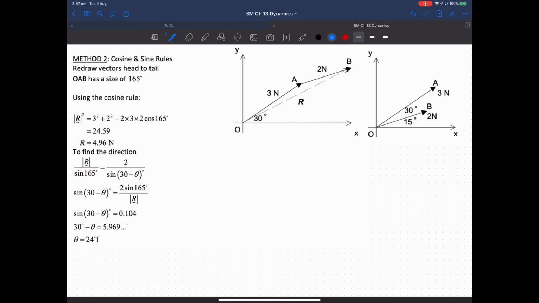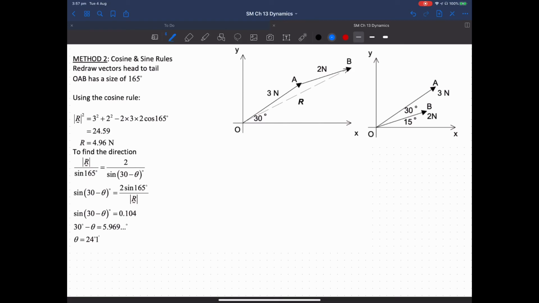Using the cosine rule, you can see the magnitude of r squared equals 3 squared plus 2 squared minus 2 times 3 times 2 cosine of the angle between them, which is 165 degrees. That will give us 24.59.